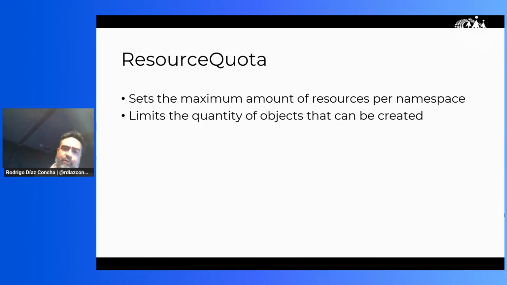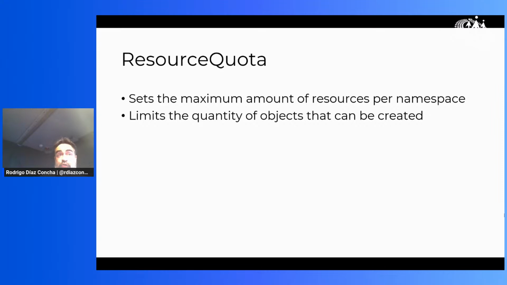As I mentioned before, resource quotas allow me to specify the maximum amount of resources per namespace. Of course, I only have the default namespace right now. Maybe I'm going to create a new namespace and then a resource quota for that particular namespace. However, remember that those objects allow you to specify the maximum amount of resources per namespace, okay?